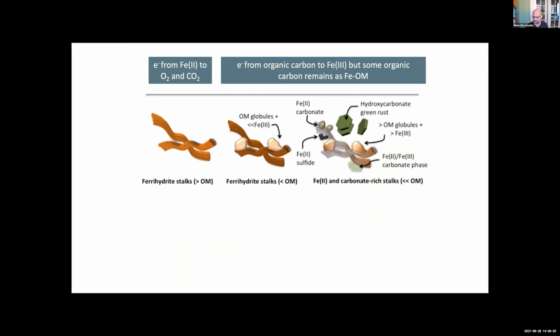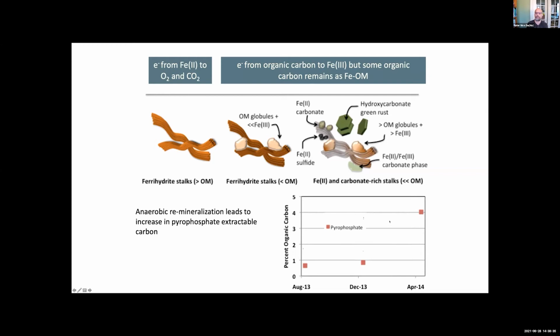This is important because we can relate this to other frequently used bulk modes of measuring carbon dynamics in soil, specifically pyrophosphate extractable carbon, which is a bulk selective extraction, but it's very commonly used.